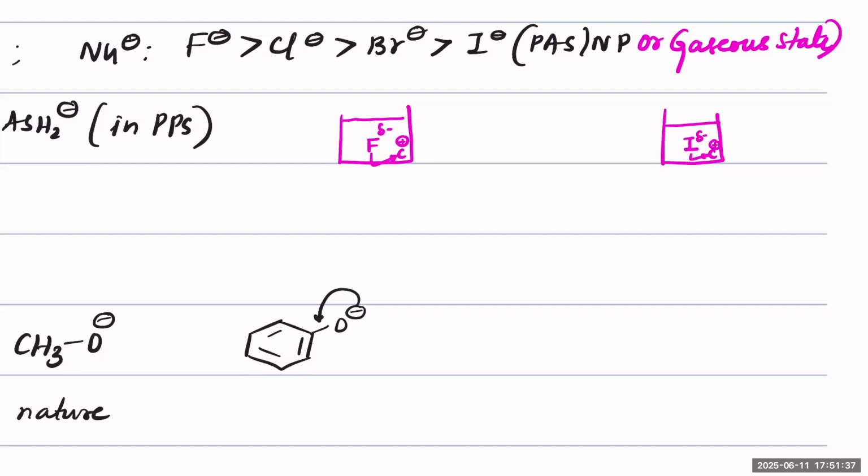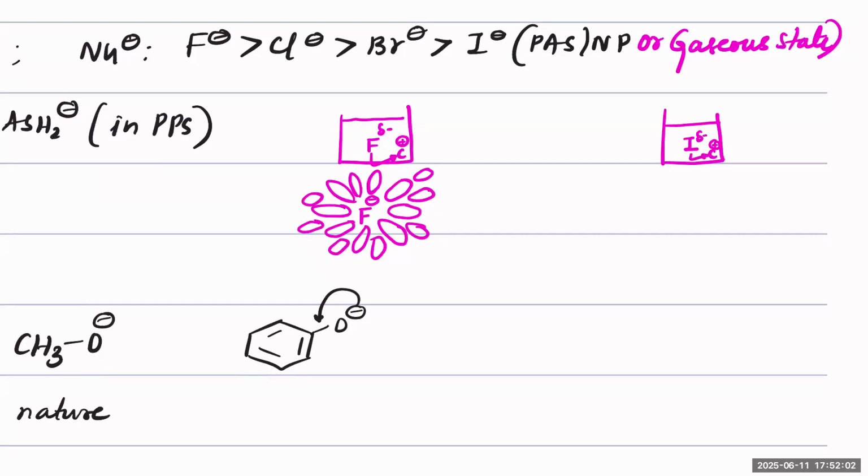Okay. Problem is, what happens is in case of F minus, it is surrounded heavily by water molecules. Why? F minus is smaller in size. Since F minus is smaller in size, a lot of water molecules will surround it. Correct?